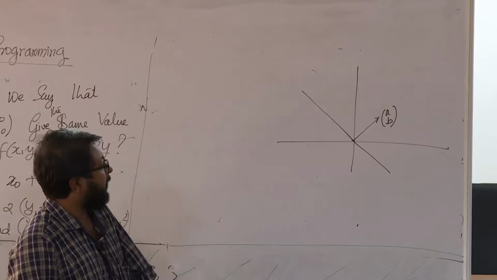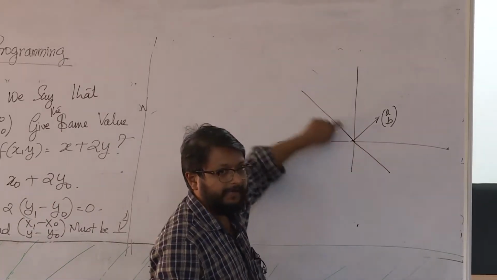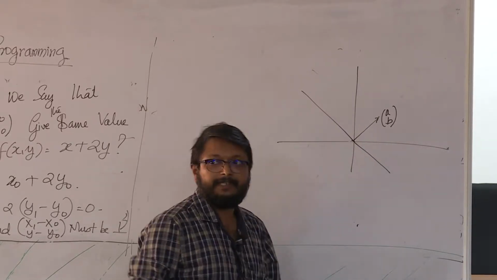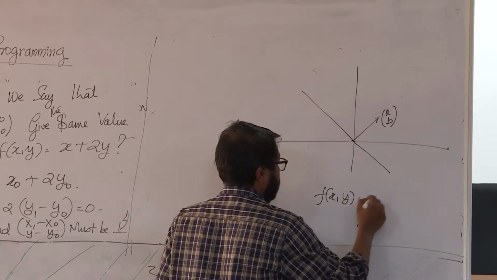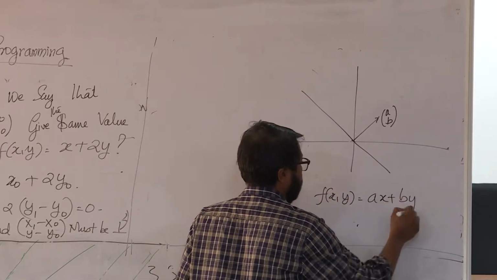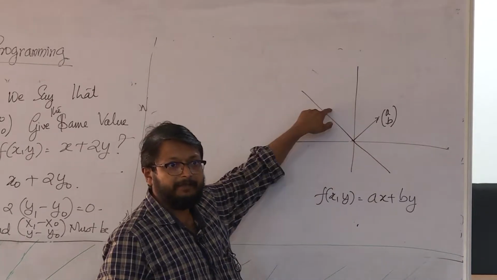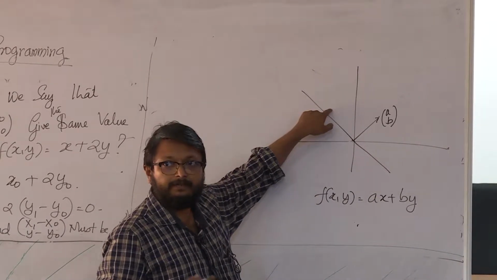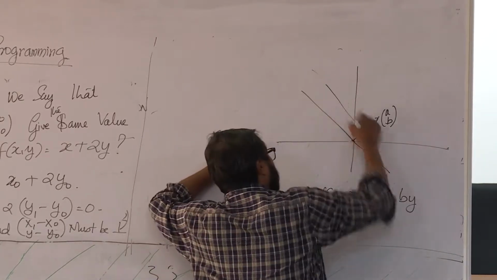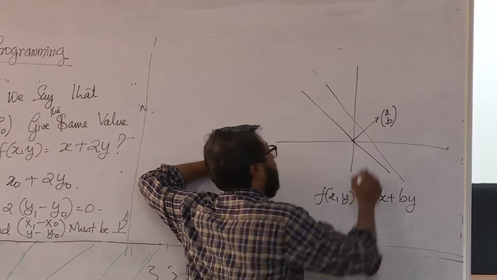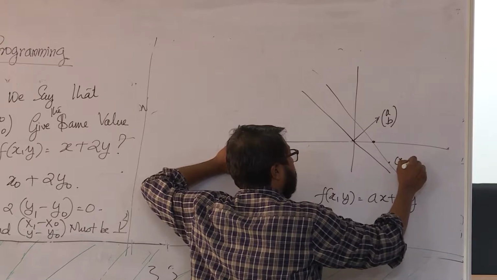All points along this line, perpendicular to the vector (A, B), will have Ax plus By equal to 0, because you are perpendicular to (A, B). Now, take any point here, say x naught y naught.